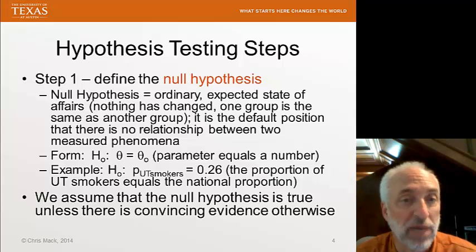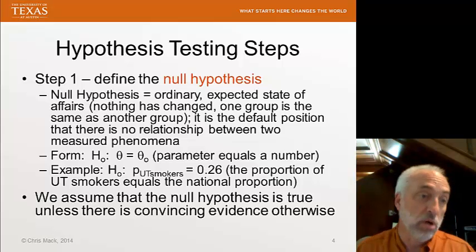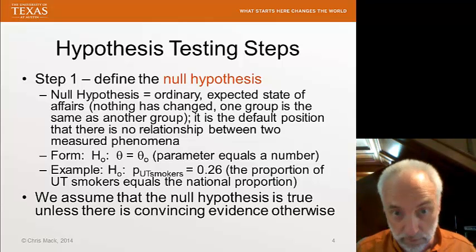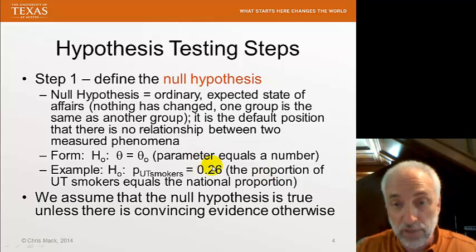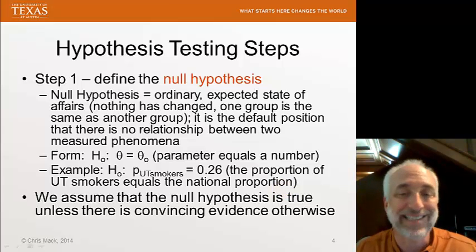We make the null hypothesis that this group is the same as all the other groups, or this treatment does nothing different than all the other treatments, or this drug is the same as a placebo. Right? This would be the null hypothesis. In our case, the national smoking rate is 26%, so our null hypothesis is that UT students smoke just like everybody else.